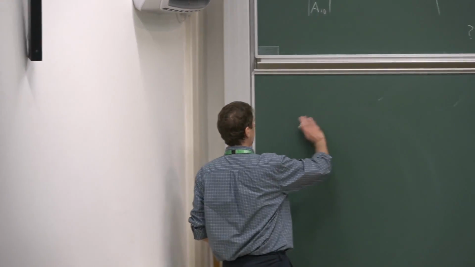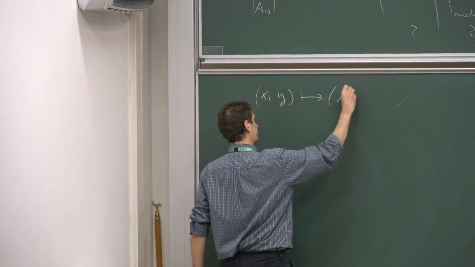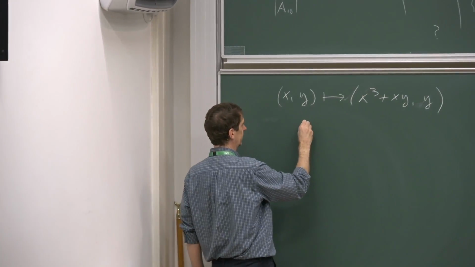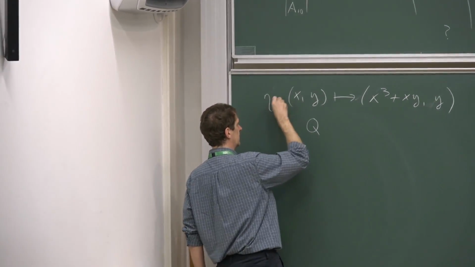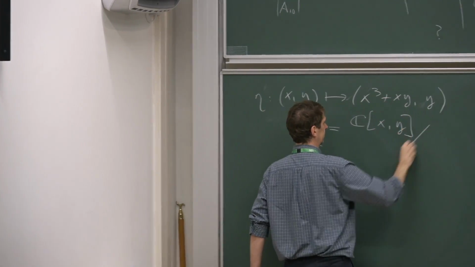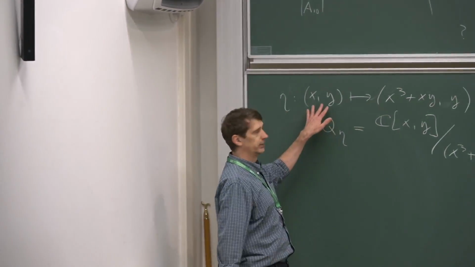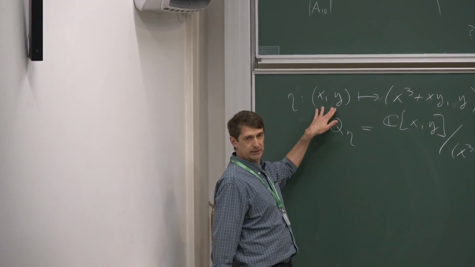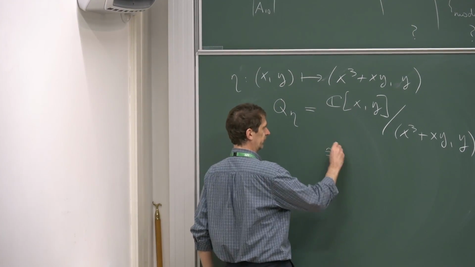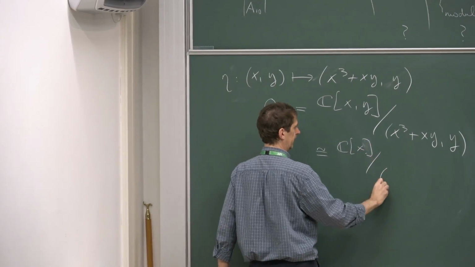So let's play another game. Let's consider the cusp that we considered before and calculate its local algebra. It is C[x,y] divided by (x cubed plus xy, y). So you generate a polynomial ring by the variables and divide by the components. Of course, this is isomorphic to C[x] divided by x cubed.